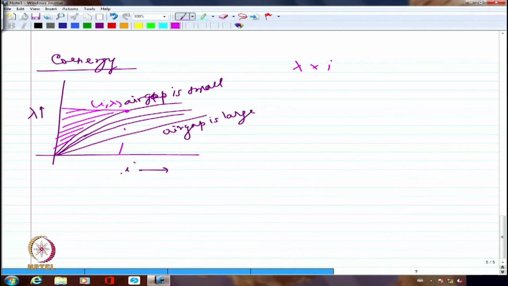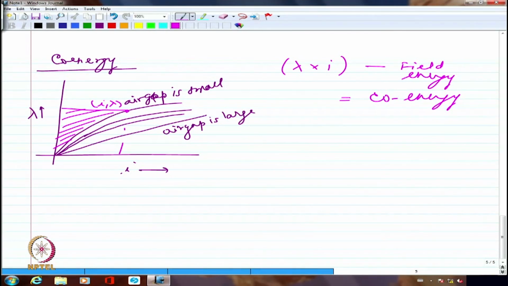That is the point I comma lambda. So if I multiply I and lambda together, I get the complete area of the rectangle. Right? So lambda times I minus the field energy, I call as the co-energy.